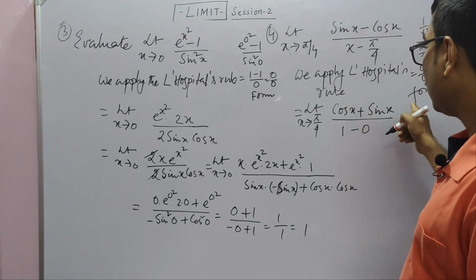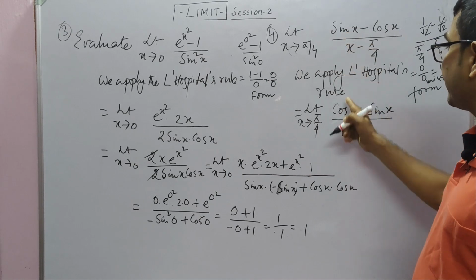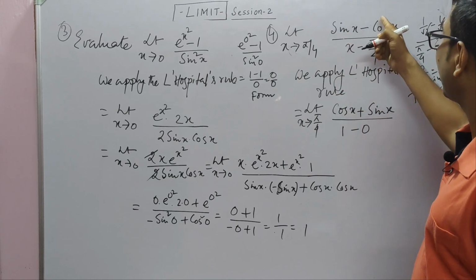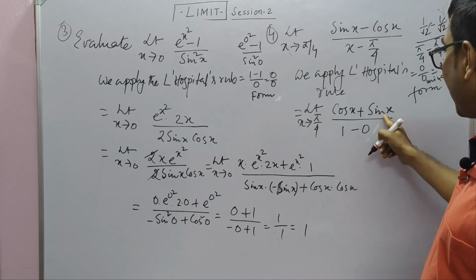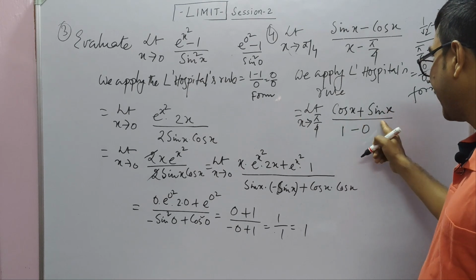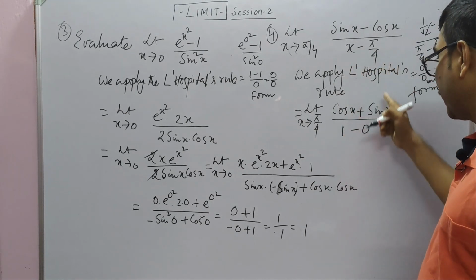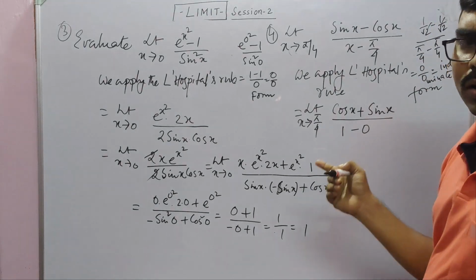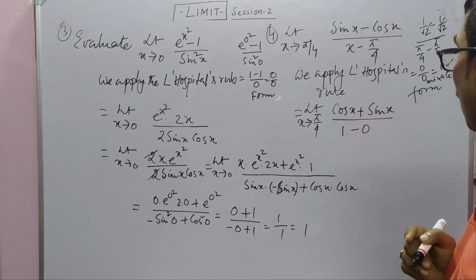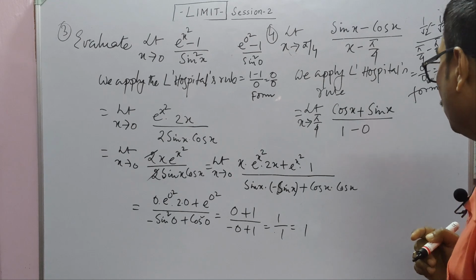So the result is cos x plus sin x by 1, because we apply the theorems of L'Hopital's rule.